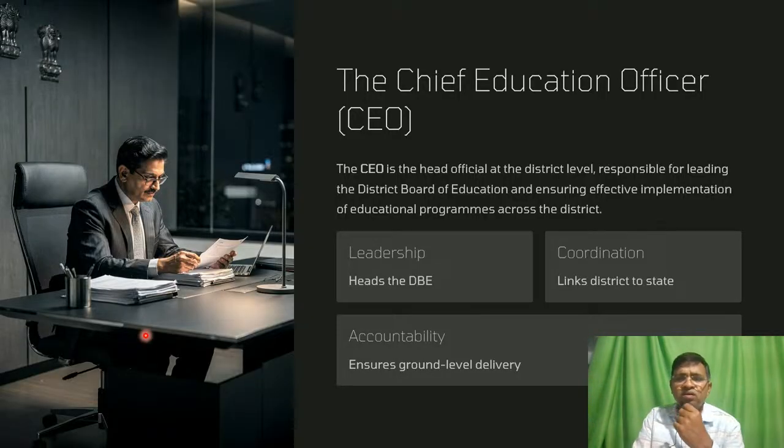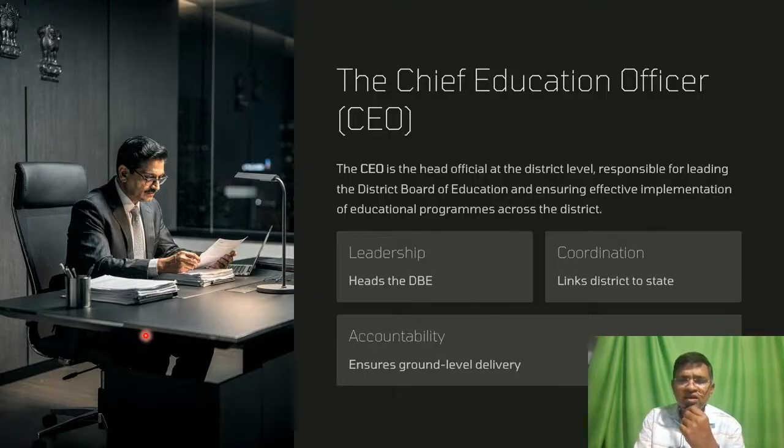Then the Chief Education Officer. The Chief Education Officer, the CEO, is the head official at the district level. He is responsible for leading the District Board of Education and ensuring effective implementation of education programs across the district. Simply we can say District Education Officer, but as per POA 1992 we have to call him the Chief Education Officer.